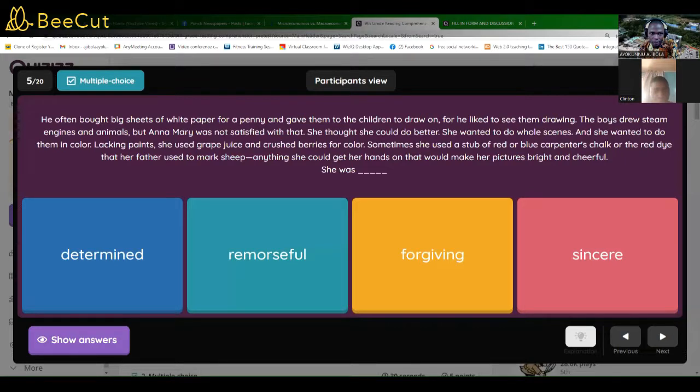Lacking paints, she used grape juice and crushed berries for color. Sometimes she used a stub of red or blue carpenter's chalk or the red dye that her father used to mark the sheep. Anything she could get her hands on that would make a picture bright and cheerful. So she was dash.